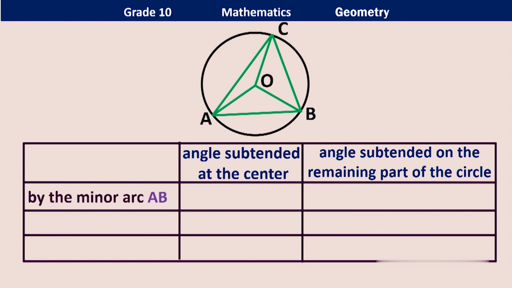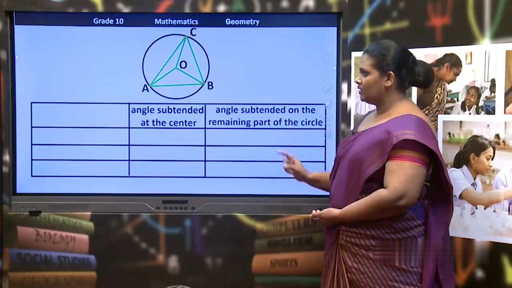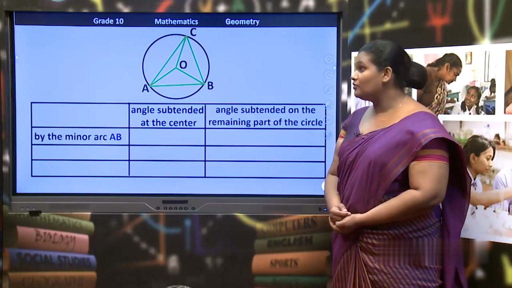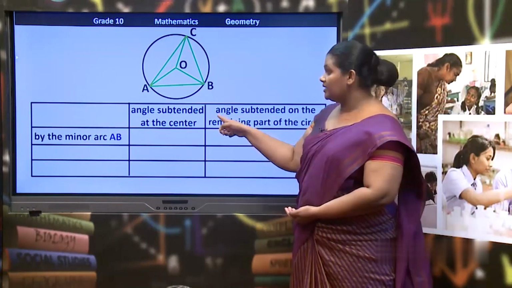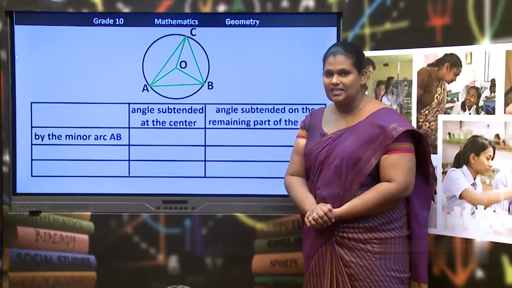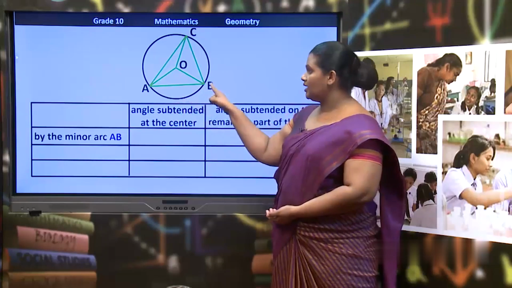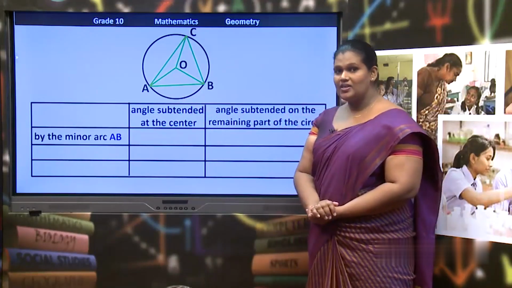Right. First one. By the minor arc AB. So, we have to consider the minor arc AB. Can you show me the minor arc AB? We will see here. This is the minor arc AB. So, we have to consider the angle subtended at the center by this minor arc AB. Where is it?